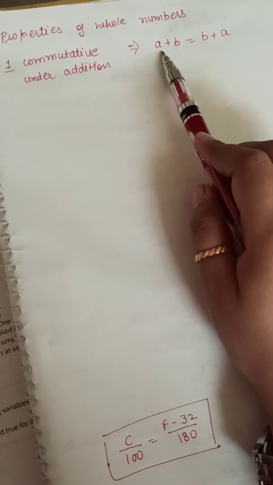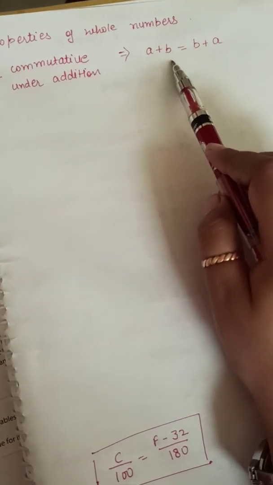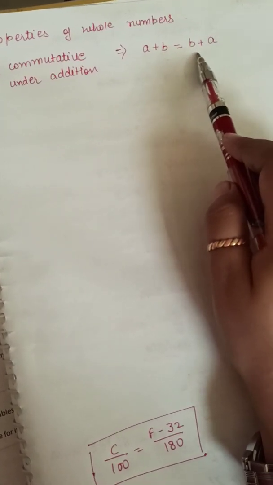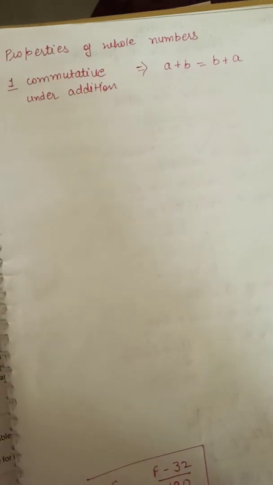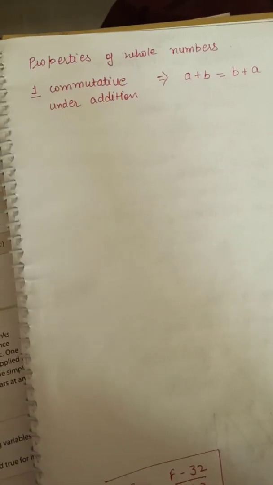See, in this, A is at first place, B second. In this, B at first and A at second. But the sum is same. So this is commutative under addition.